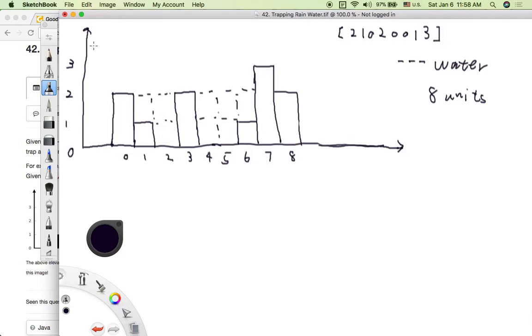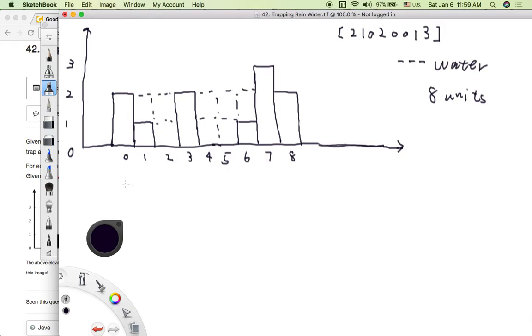Total 8 units of water can be trapped. It's easy for us to draw the picture of the amount of water, but it's difficult to find the relationship between the whole group of bars and the total amount of water that can be trapped.